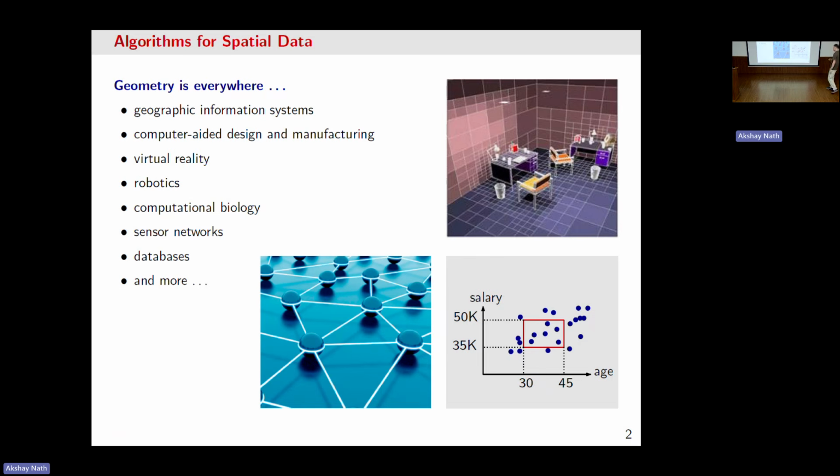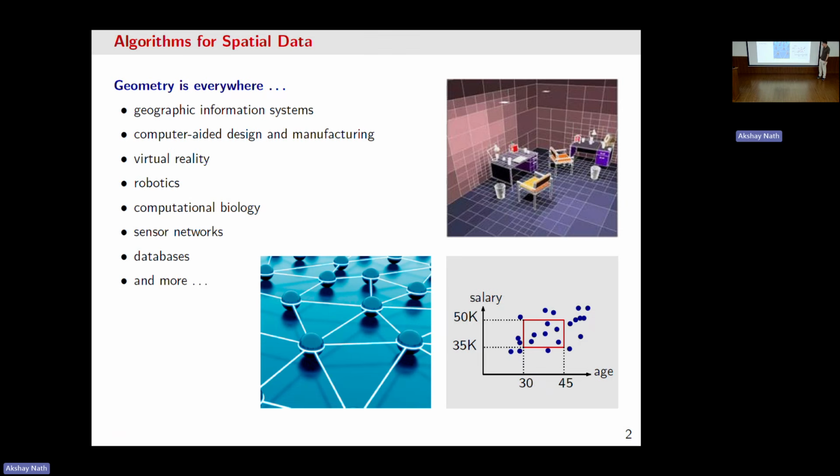Okay, and there's also, like I said, geometry is everywhere. Sometimes the data is inherently geometric. Sometimes you don't start with geometric data, but you transform it into a geometric space. Right? What I said about the images, here's another example.